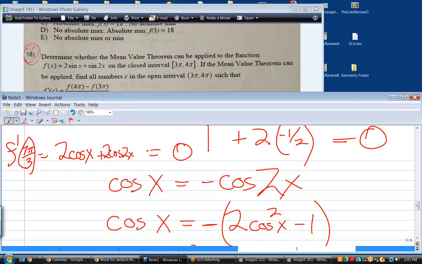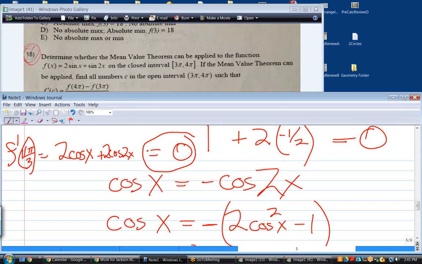Here's the derivative right here. F prime of x was equal to 2 cosine x plus 2 cosine 2x. Well, if I want to know what f prime of 11 pi over 3 is, I substitute 11 pi over 3 for x. You go through that and you're going to see that the instantaneous rate of change is 0 at 11 pi over 3.